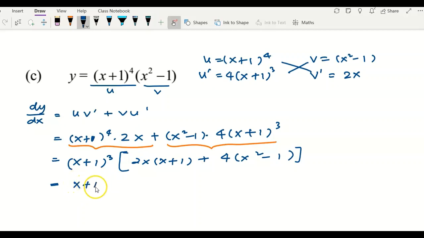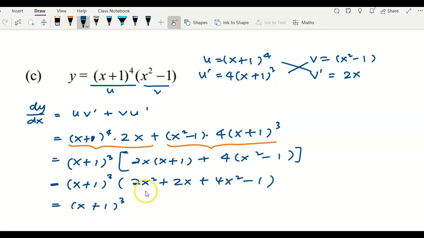All right, then close your bracket. In the big bracket, you try to simplify, see what you get. So you get 2x squared plus 2x plus 4x squared minus 1. Okay, so what else can be simplified?